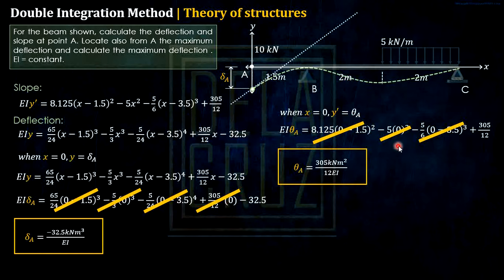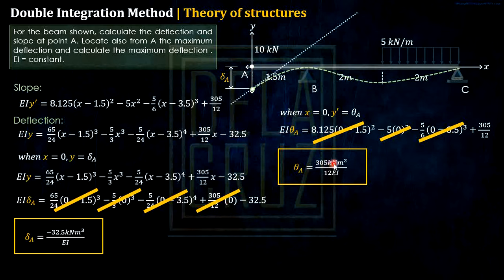Now, as you observe here, the C2 is just the deflection at the first point of the beam, and the C1 is just the slope at the first point of the beam. Always yan. So, technique na lang yan. If may support dito, automatic yung C2 natin is 0 because C2 is the deflection at first point. If may support dito, meaning walang deflection diyan.